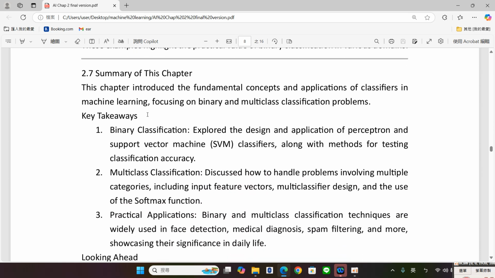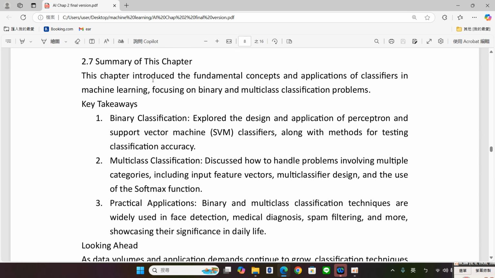2.7 Summary of this chapter. This chapter introduced the fundamental concepts and applications of classification in machine learning, focusing on binary and multi-class classification problems. The key takeaways: binary classification explored the design and applications of perceptrons and support vector machine (SVM) classifiers, along with methods for testing classification accuracy.